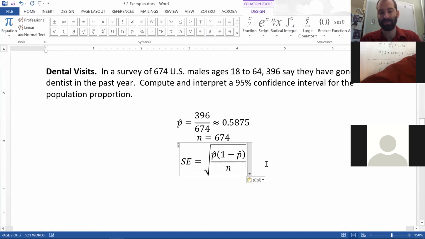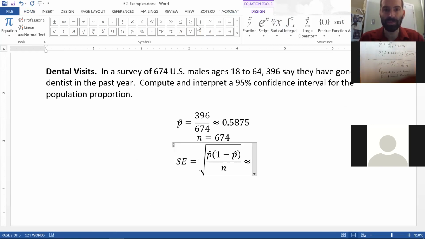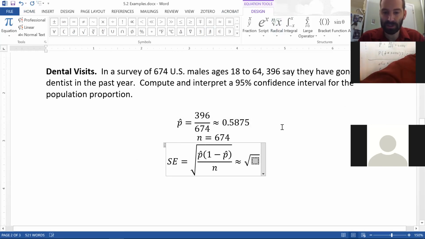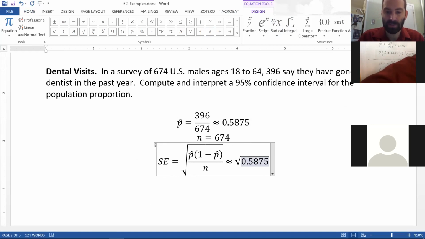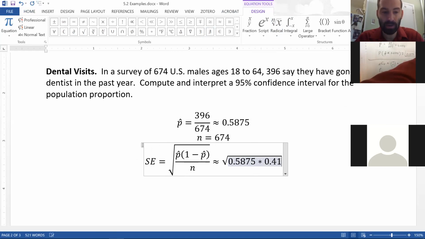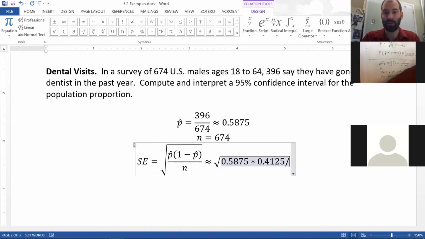And that's going to be approximately equal to the square root of our proportion, 0.5875, times 1 minus that, which is 0.4125, divided by the sample size, which is 674.